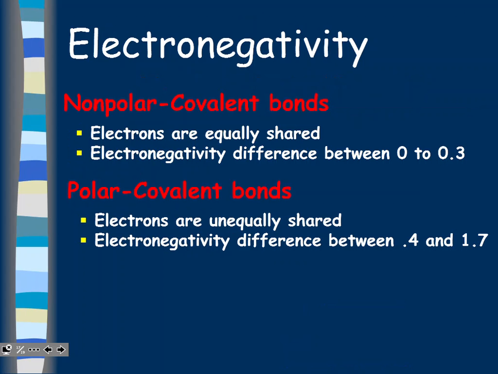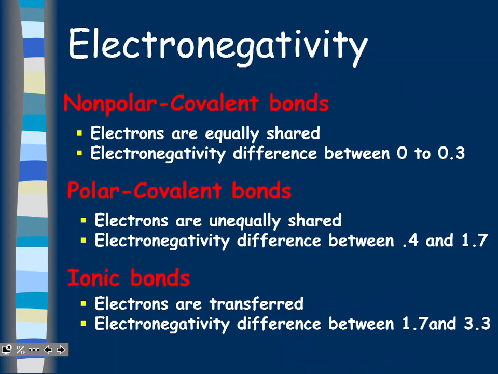So when you get to 1.7 and above, it's going to fall under the ionic range. Full electron transfer, you have full charges in ionic. Polar covalent, you have the partial charges, and then of course nonpolar covalent, it's equally distributed, so it's not really got any dipoles in there.